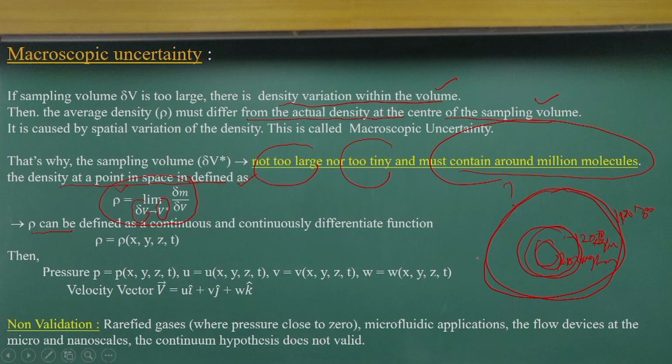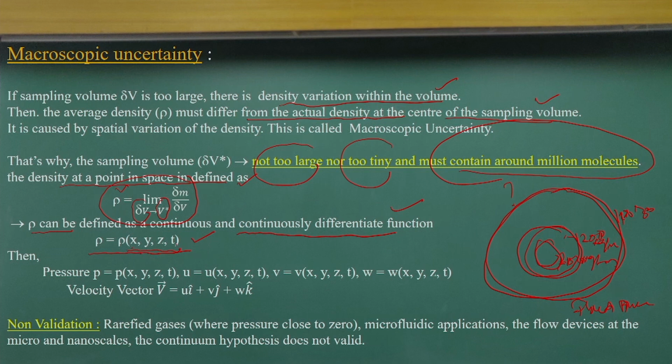So on this fluid domain, we can consider the density as a function of the space dimensions, that is x, y, z, and also time. When you consider density as a continuous and continuously differentiable function, it is now very easy: we can use the integral concept and the differentiation concept, as it is a functional behavior of space and time.